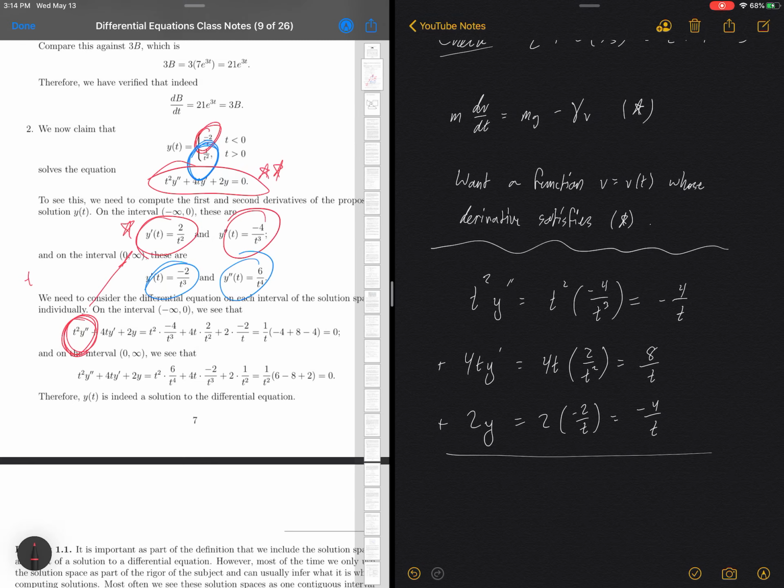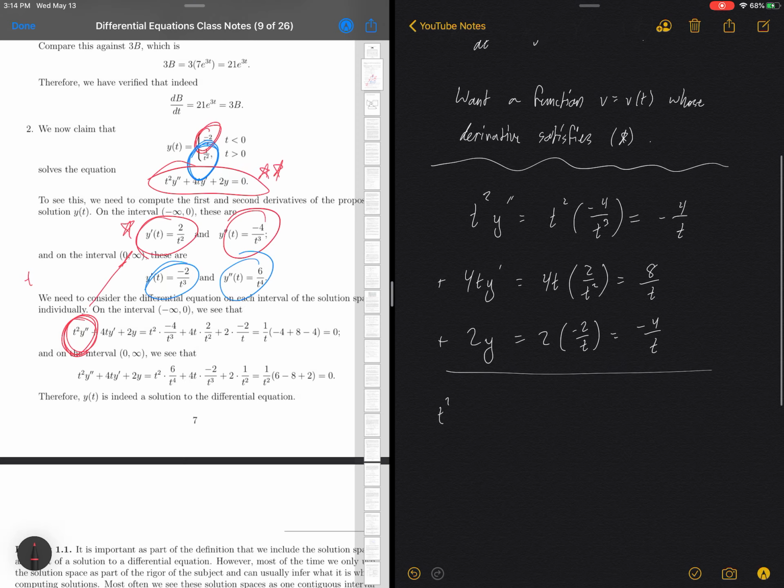If I add all of these together the way the differential equation tells me to on the left-hand side, I notice that t squared y double prime plus 4t times y prime plus 2y is equal to minus 4 over t plus 8 over t minus another 4 over t, and that's going to get me 0.